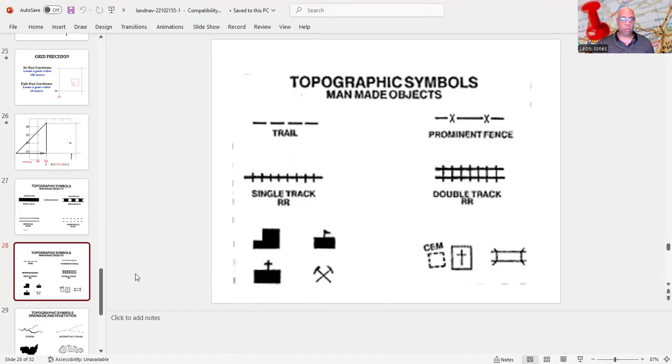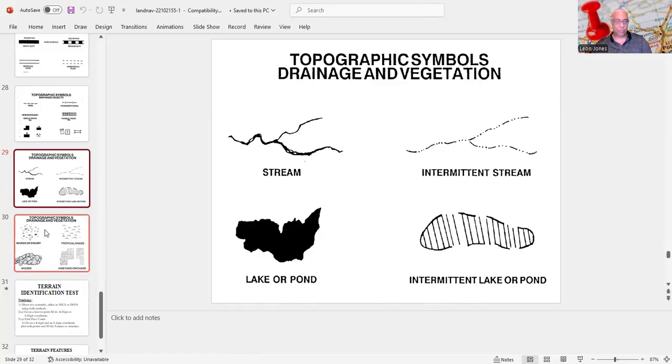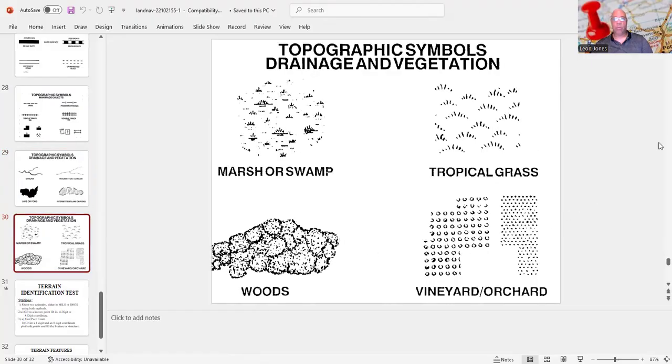These are all your symbols that you see on the map. Stream, lake or pond, intermittent lake or pond, intermittent stream. Your topographical symbols for drainage and vegetation: your tropical grass, your vineyard, your orchard, your woods, your marsh or swamp.